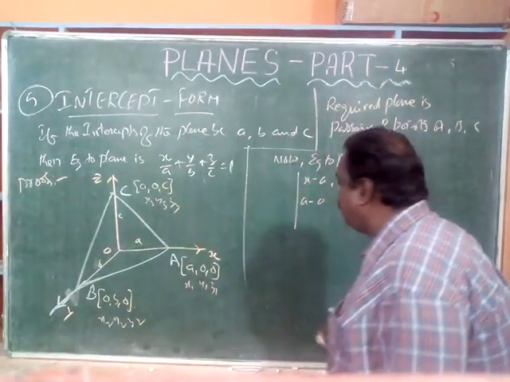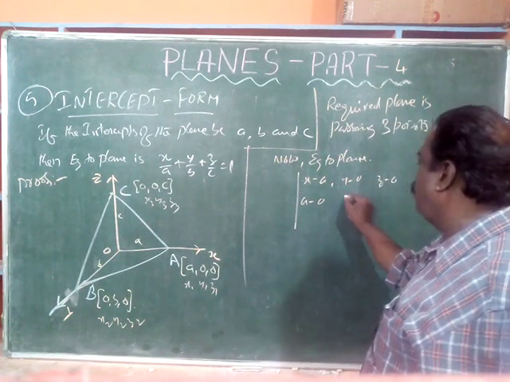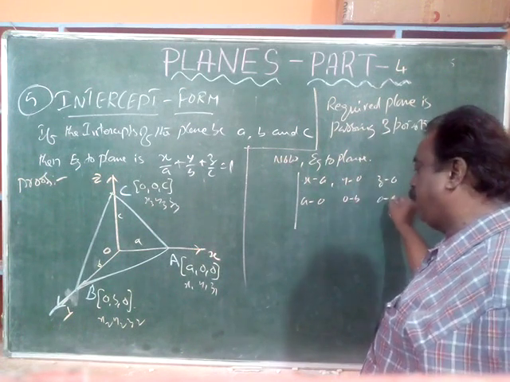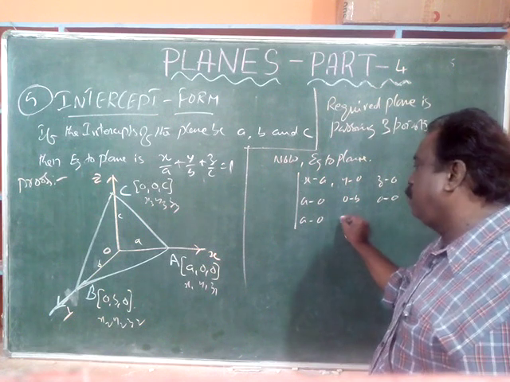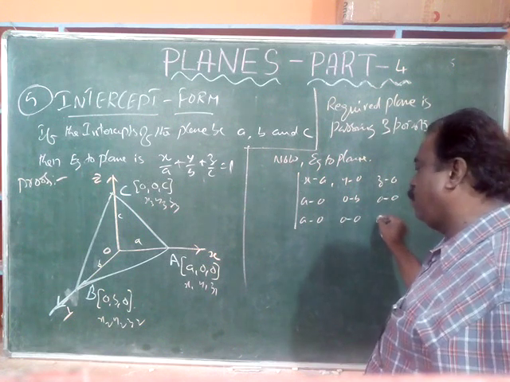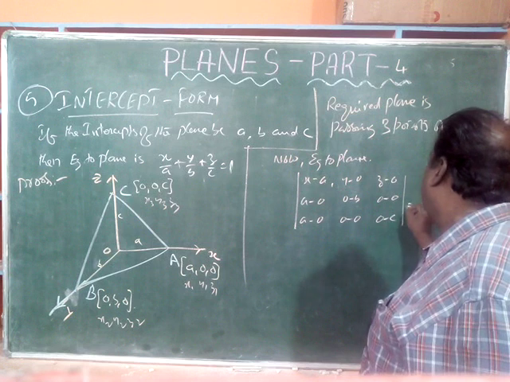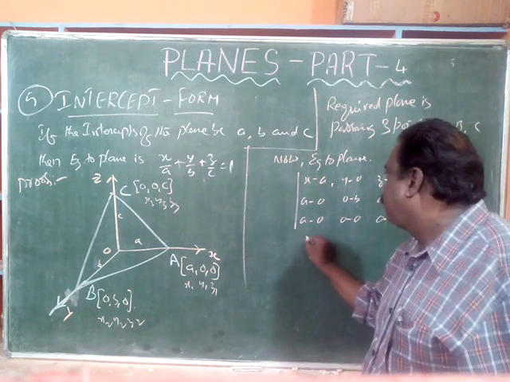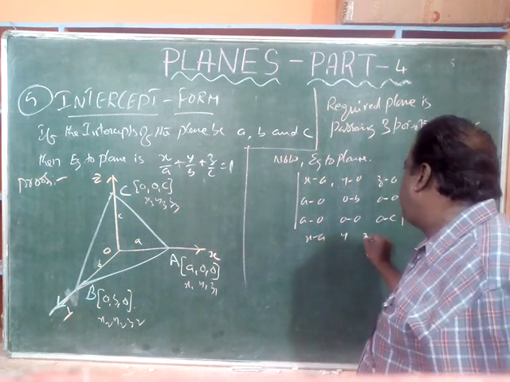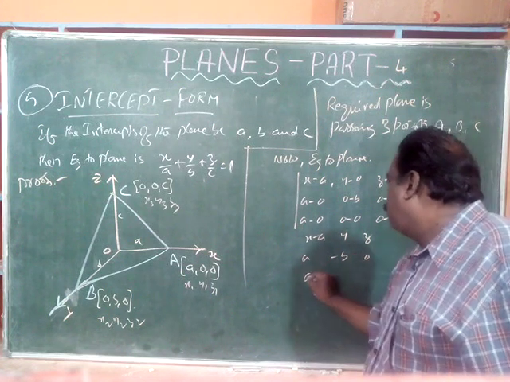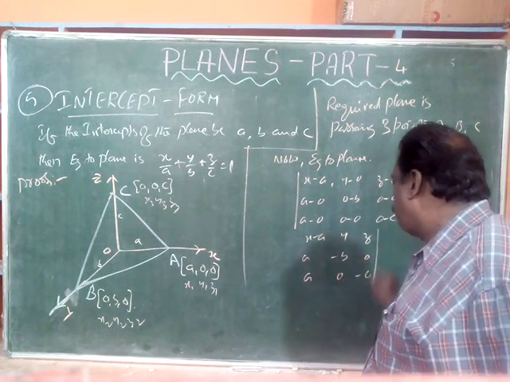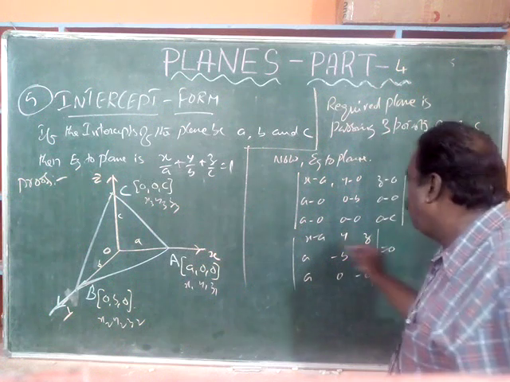You assume like that. That gives a minus 0, 0 minus b, 0 minus 0; a minus 0, 0 minus 0, 0 minus c, equal to 0. It is x minus a, y, z; a, minus b, 0; a, 0, minus c, equal to 0.